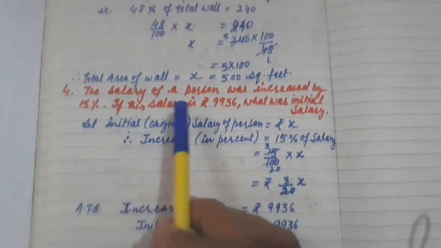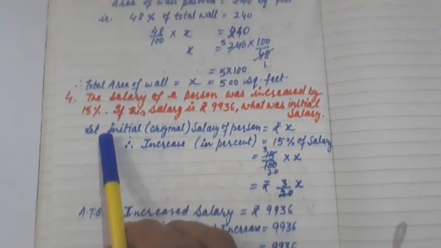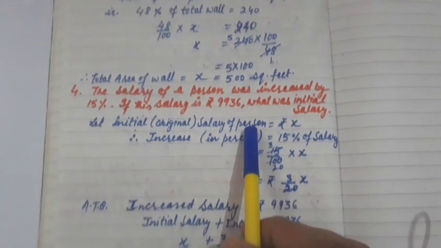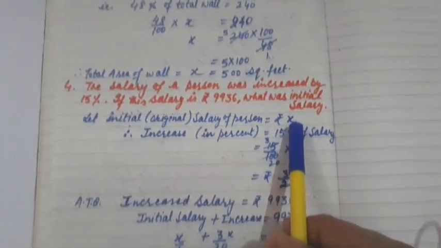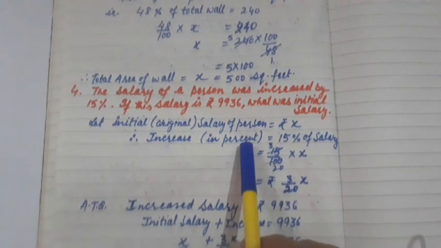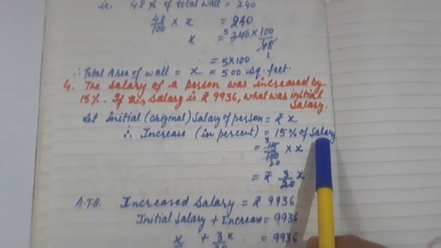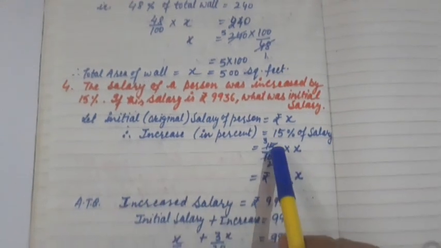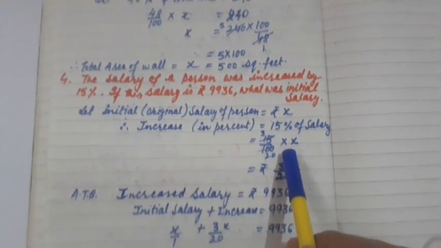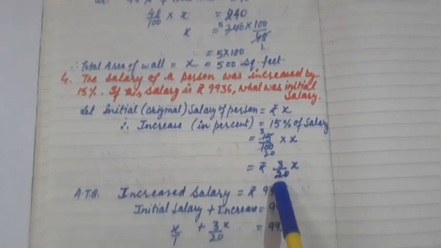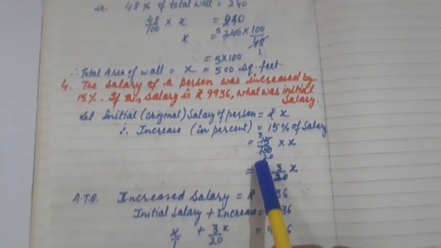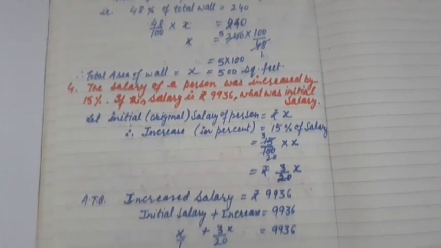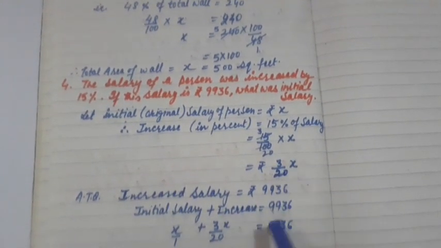The original salary is not given, so let the initial salary of the person be rupees x, and the increase on it is 15% of the original salary, that is 15 upon 100 into x. When we cancel, 5 3s are 15 and 5 20s are 100, so the increase is 3 upon 20x.